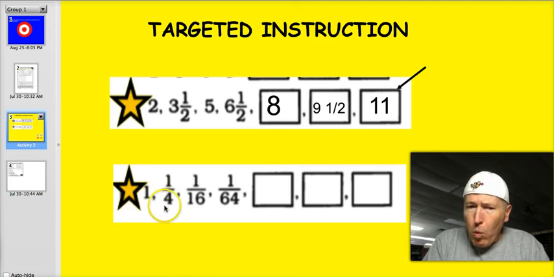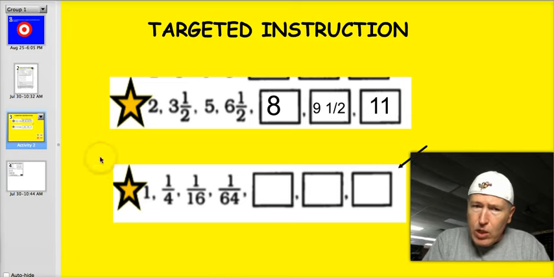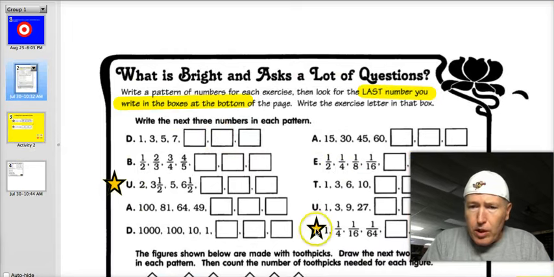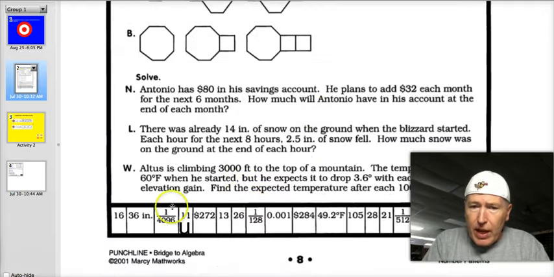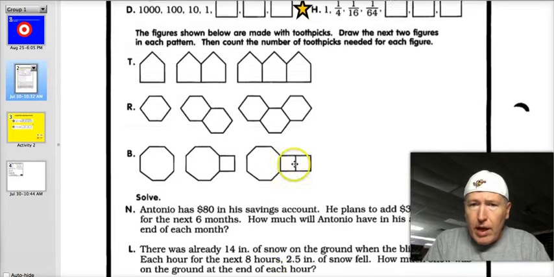How are we going from 1/4 to 1/16? We're dividing by something there, and you should be able to figure that out. And again, you're looking for that last answer in the sequence. And when you get that last answer in the sequence, come back to the worksheet, find that answer down below, and put the letter in whatever that answer is. And then you'll have a pattern.